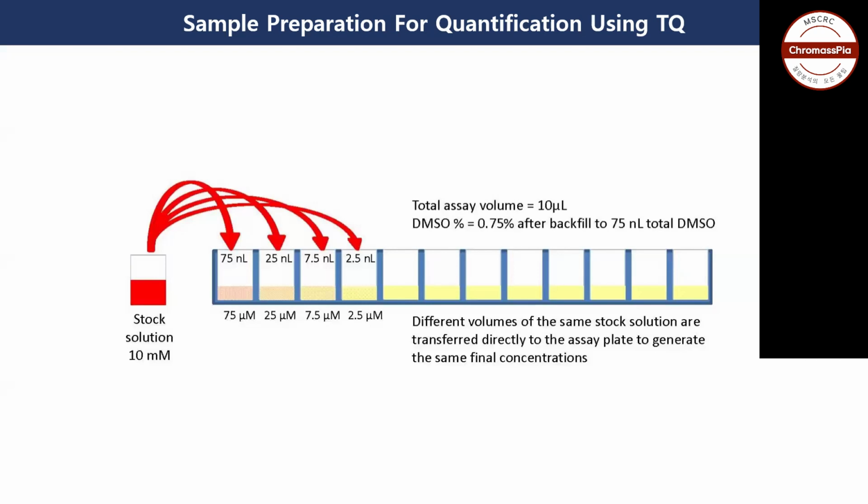I have to set this point as 1, another concentration as 0.2, and so on, and then it will draw the calibration curve. If you put it as constant, then it will not draw the calibration curve.